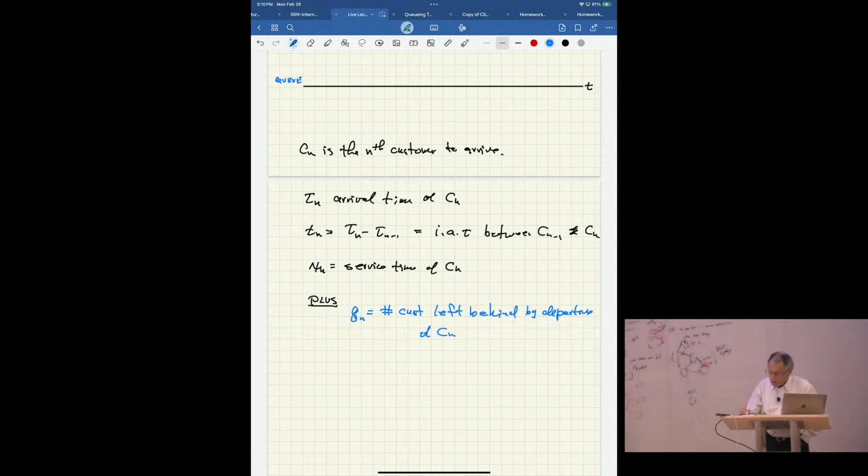And in green, because it's going to appear on the picture in a moment, I'm going to let the new variable V sub n be the number of customers arriving during the service time of Cn.